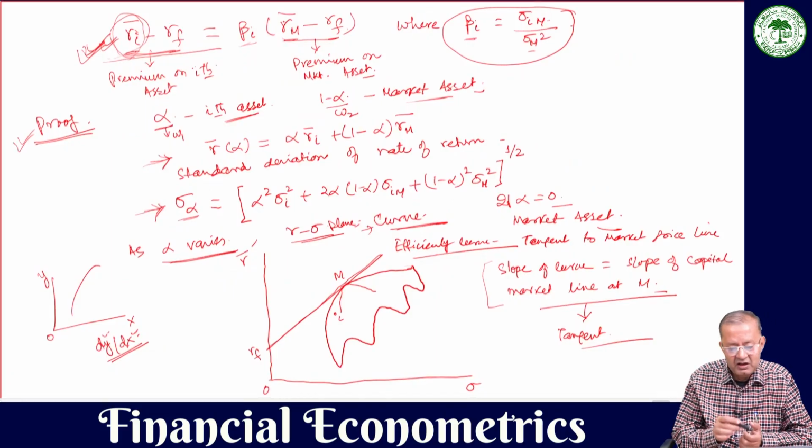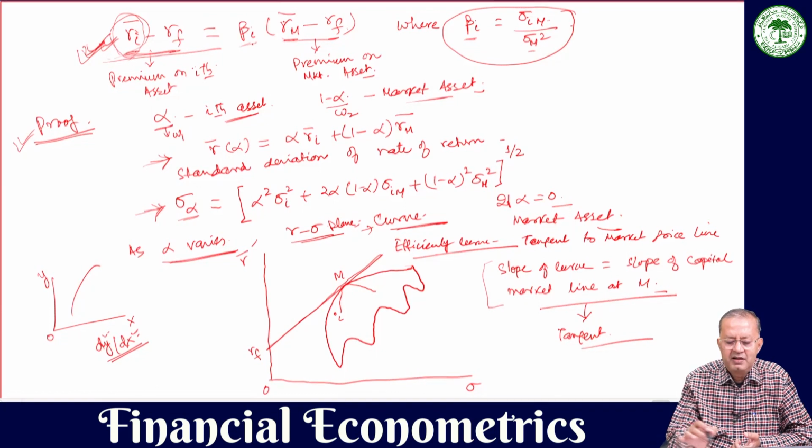Rather, we can also get an equation for this, and here we observe that this can be written in terms of a proportionate relationship between the premium on the ith asset and the premium on the market asset. And this proportionality is denoted by the beta factor. What is this beta factor?